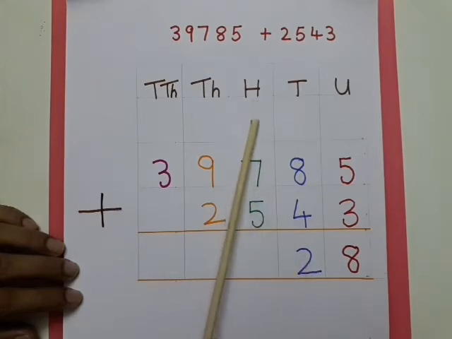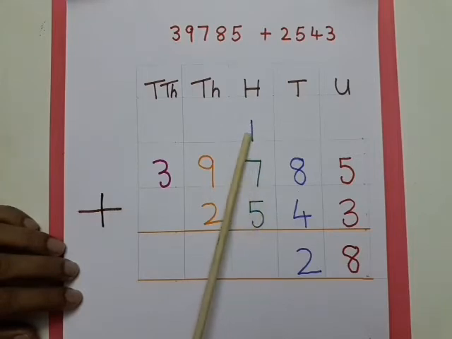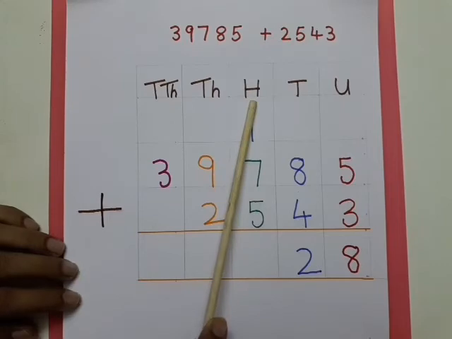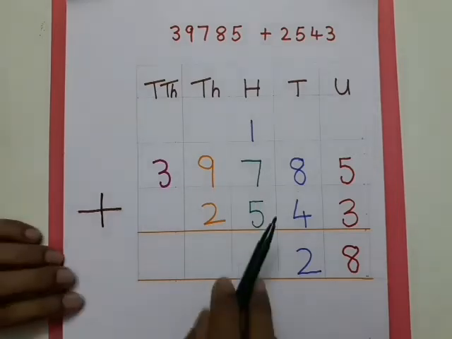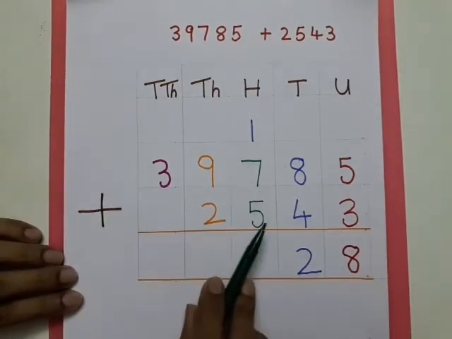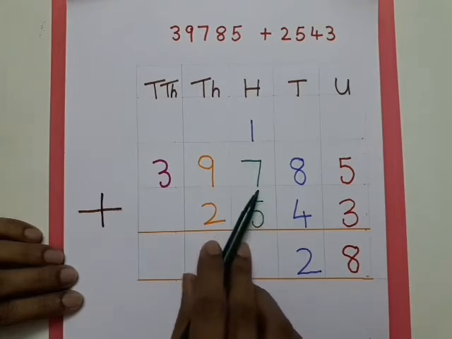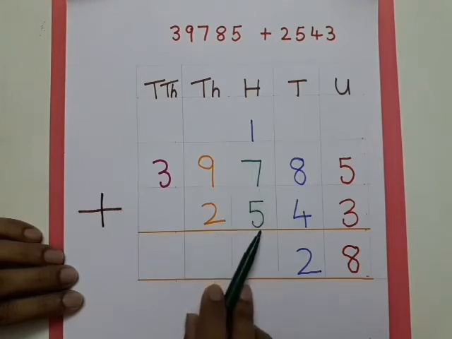Now we are going to add all these numbers, that is 1, 7 and 5, which are now in the hundreds place. Now how do we add this? First we will add 7 plus 5. Now 7 is in your mind and 5 you will show by your fingers.